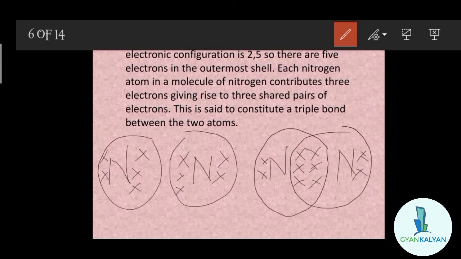Both of these nitrogen atoms will share 3 electrons each. दोनों ही अपने 3 electrons share करेंगे और they will form एक triple bond. They will form a triple bond and we represent that triple bond as 3 lines. Okay, 1, 2, 3. So this is one nitrogen. This is another one. So this is the triple bond because 3 electrons have been shared. Okay, I think this is clear.